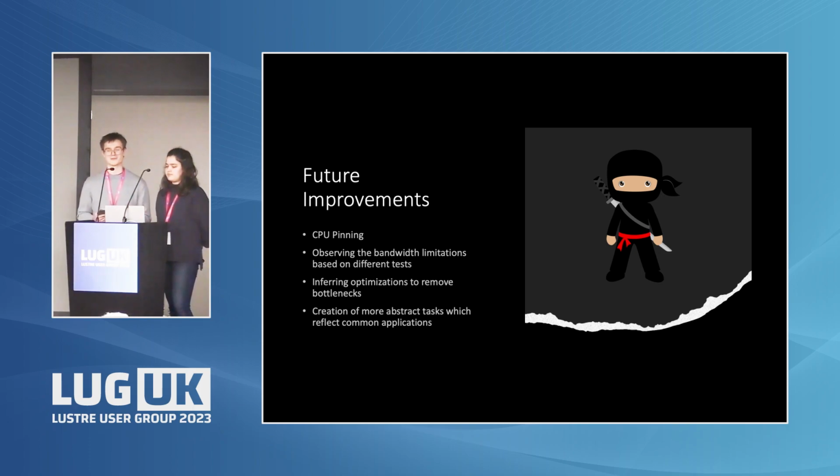We were suggested that CPU pinning might be a good idea, thanks to Chris. If we were to do this again, we'd infer more bottlenecks using software implementations like Tau, to get a more visual understanding of what the bottlenecks within our system were.